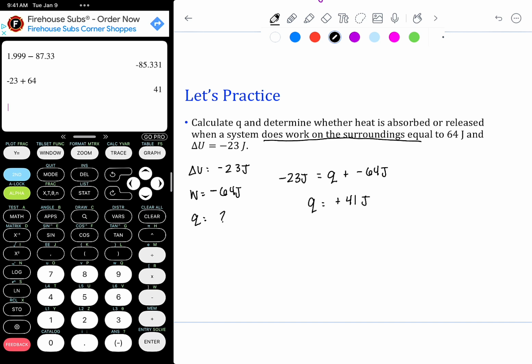Well, if Q is positive, that means that heat is being absorbed by the system. Okay, so we did work on the surroundings and then we absorbed some heat to the system because Q ended up being positive.